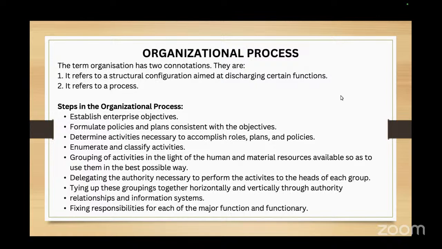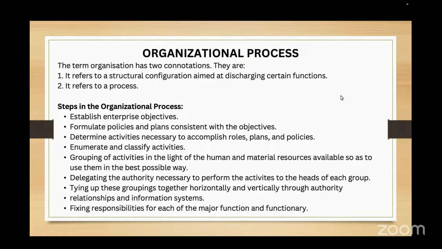Organizational process. The term organization has two connotations. They are, it refers to a structural configuration aimed at discharging certain functions, and it refers to a process. Organization can mean two things, structure and process.